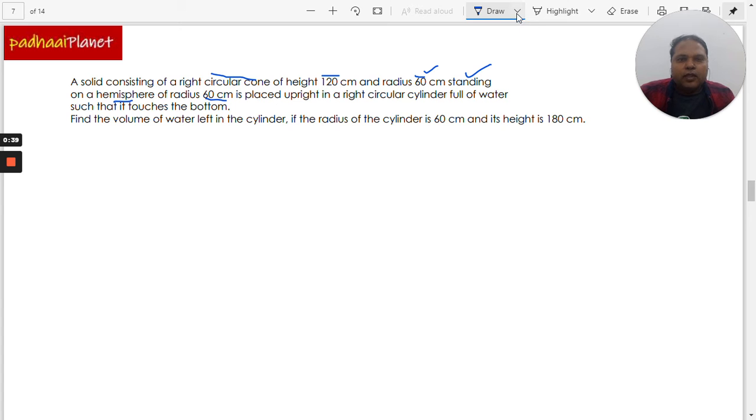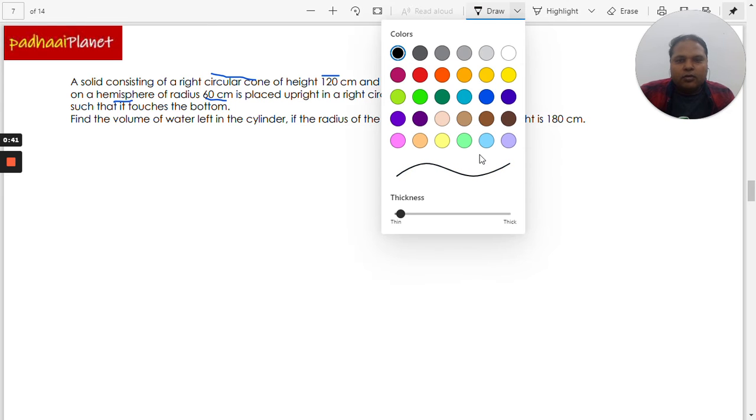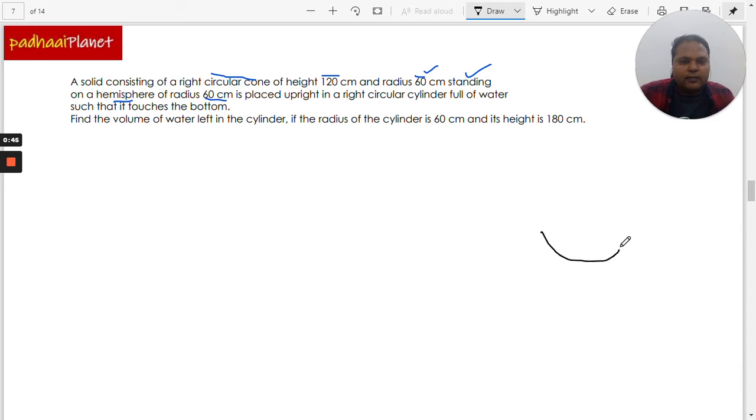And if we draw it, how would it look? It will look something like this. This is the hemisphere, and this is the circular face of the hemisphere, and the cone is standing on it.